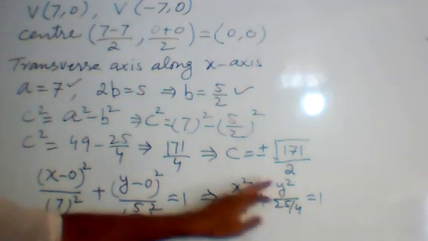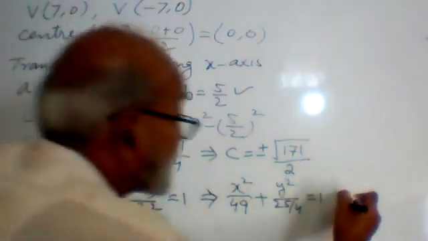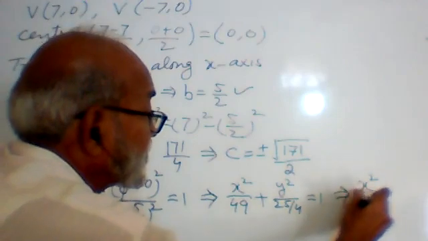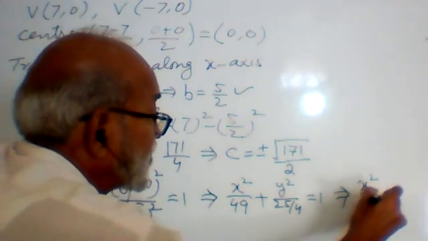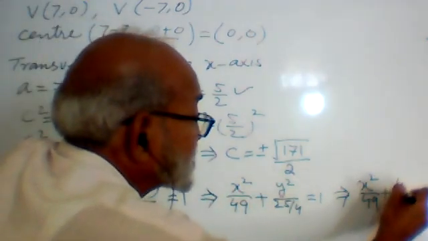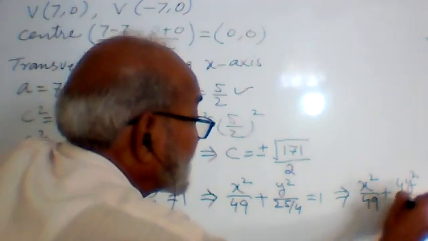This 4 will be shifted over there, so it will become x square upon 49 plus 4y square upon 25 equal to 1.